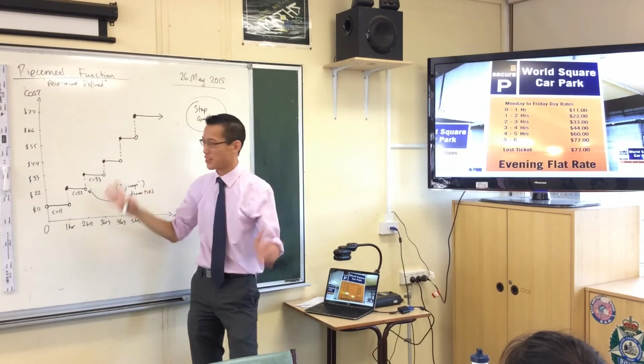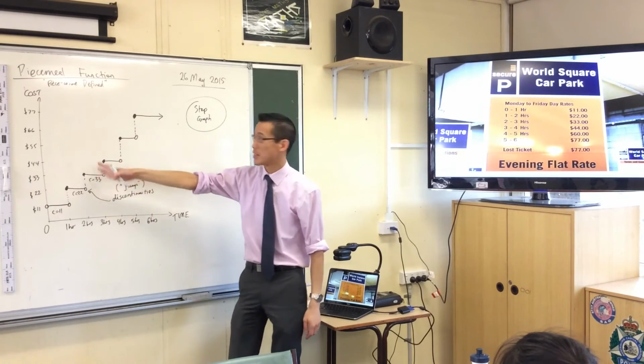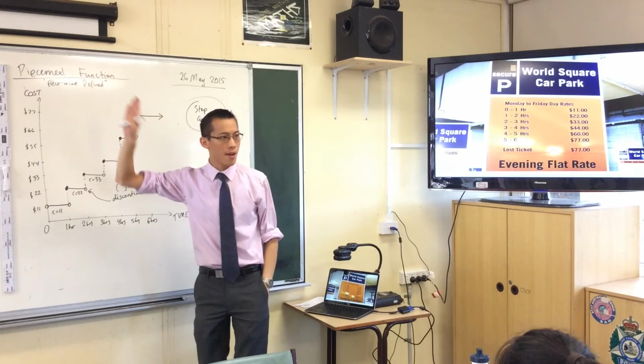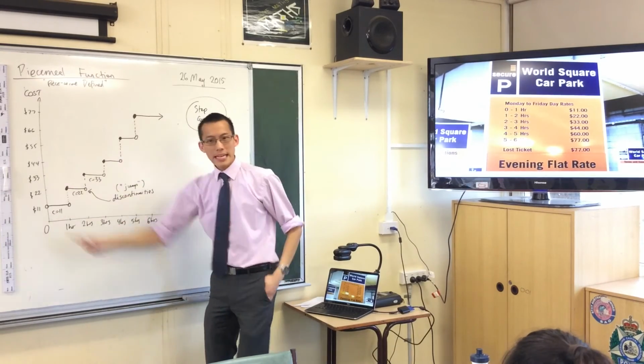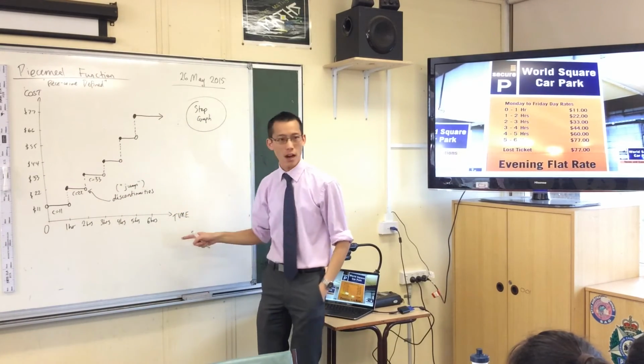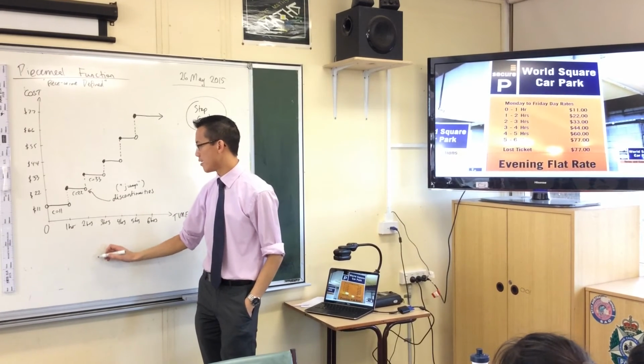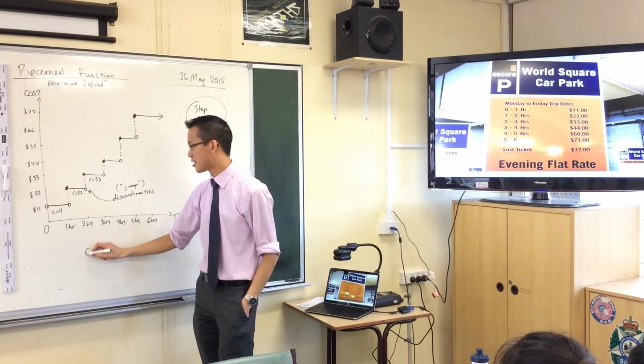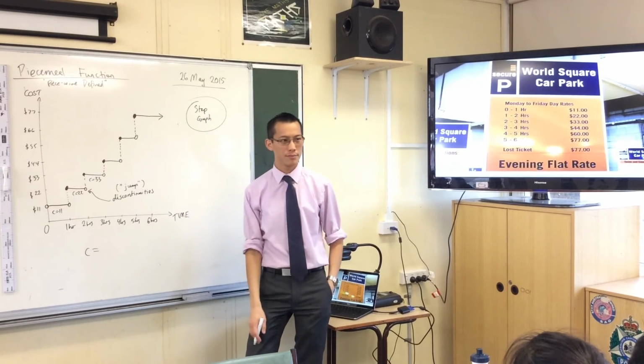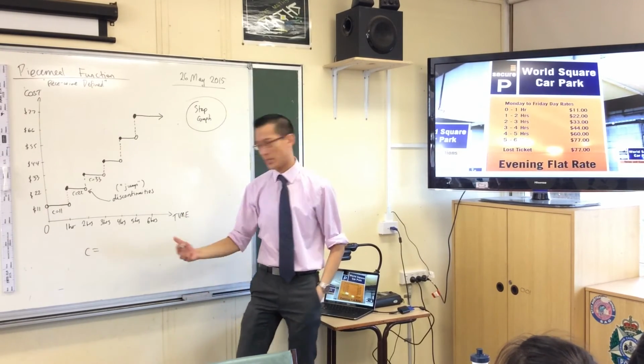But the technical phrase for these, just like discontinuities, is a piecewise defined function. Because what is the equation here? C is equal to, and it's equal to different things at different times.